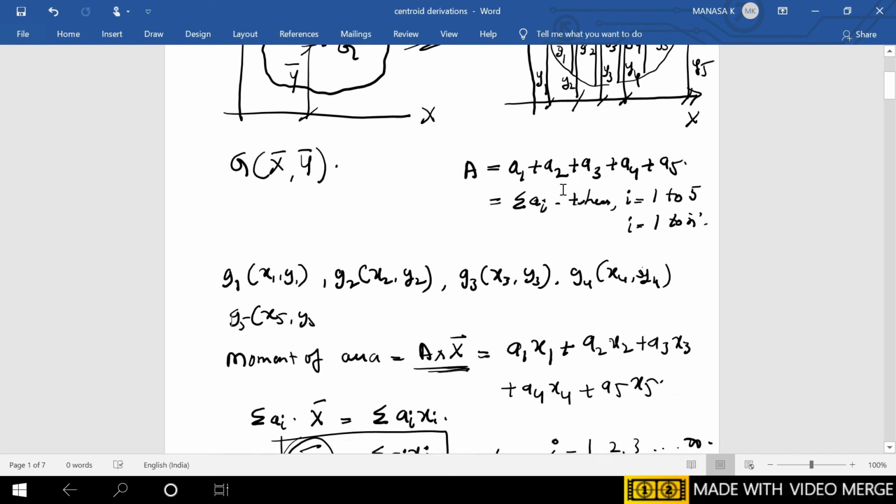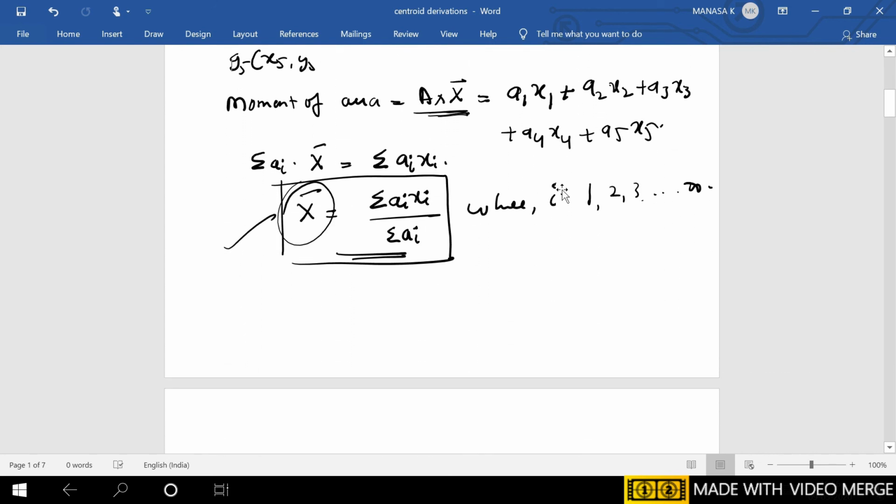Since we are referring to the x-axis, that will be equal to the summation of the moment areas of all the elemental shapes to the x-axis.